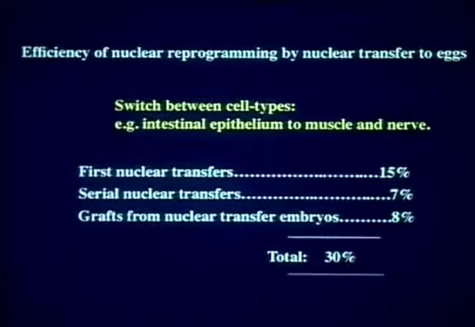And in these cases, these first transfer embryos are not normal and so would not develop. But if you do the serial transfer or the grafts, then you can get this switch of cell type, ending up with roughly a 30% success rate of this switching, of this reprogramming.